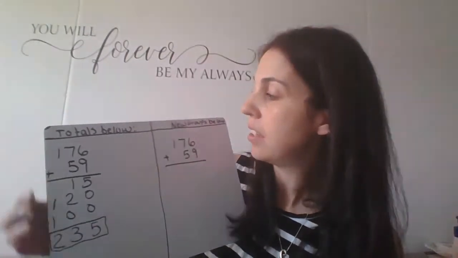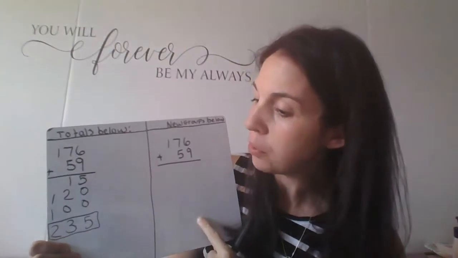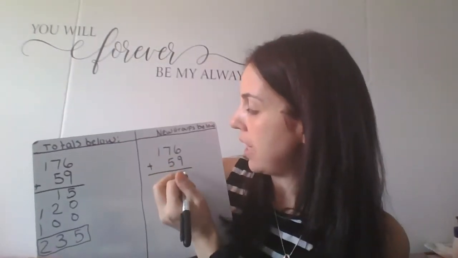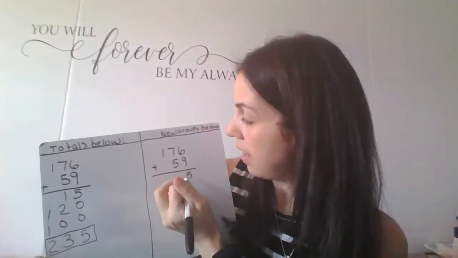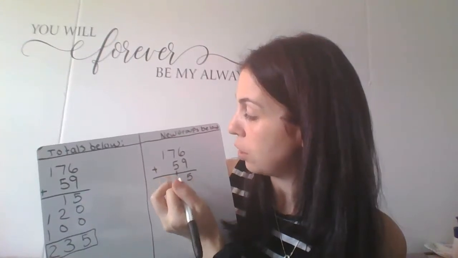Now let's look at new groups below. That phrase is new for me as well. New groups below. And let's see how we would model this problem. So we have 15. So we're going to write our 5 here. And we're going to write our new group, our new 10, new group here. Now we have 7 and 5, which gave us 12, and then one more is going to give us 13.